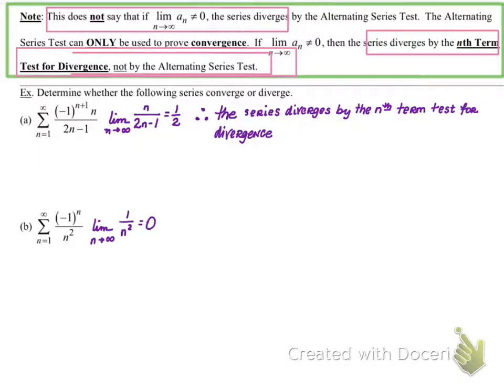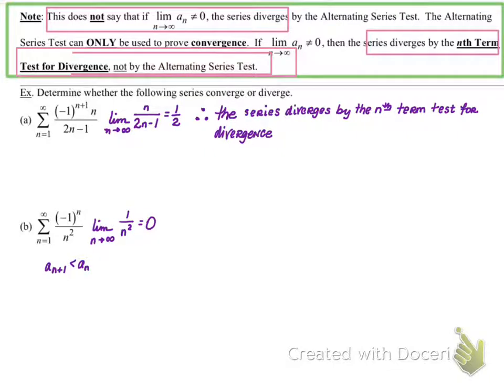Here we see that there is an alternating sign, so it has satisfied the first condition. We also see that the limit of the individual terms is approaching zero as n approaches infinity. We also now need to look at a sub n plus 1 and decide whether or not it's smaller than a sub n.